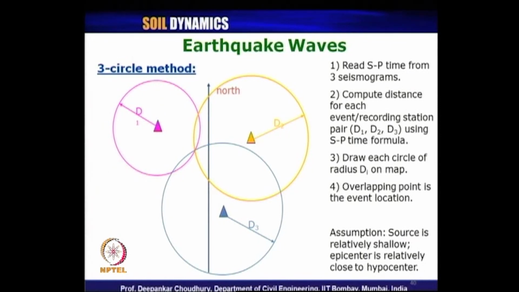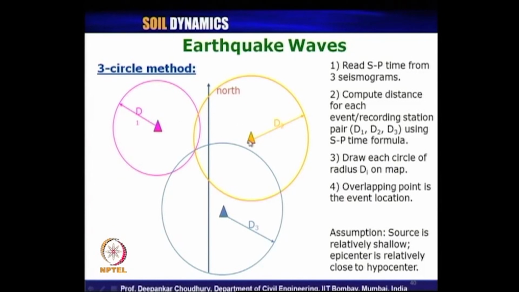So, for example, suppose this is our station 1, recording station 1. From this point at a distance of d1, suppose we got the distance where the earthquake has occurred. So, the event has occurred at a distance of d1. So, let us draw a circle taking that recording point as the center with radius d1.